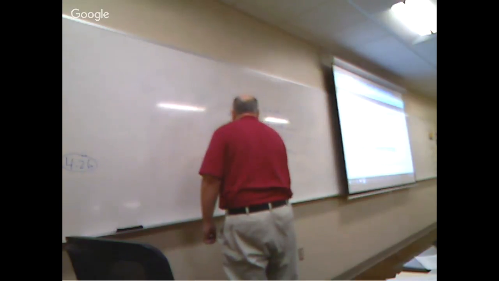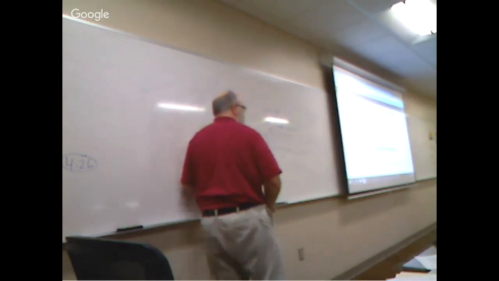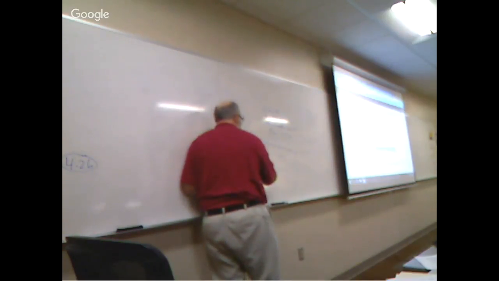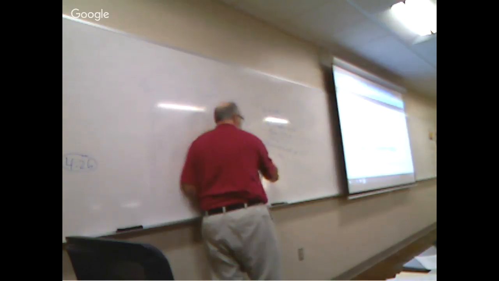Where do I look for what is up to the left? It's 1 minus alpha over 2. So in this situation, I would take 1 minus 0.025. What's that number? 0.975.